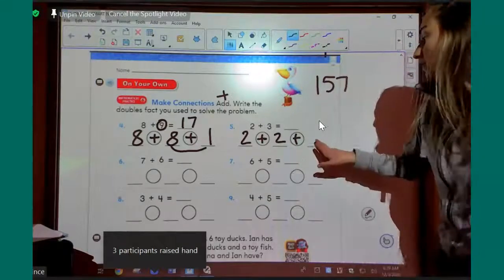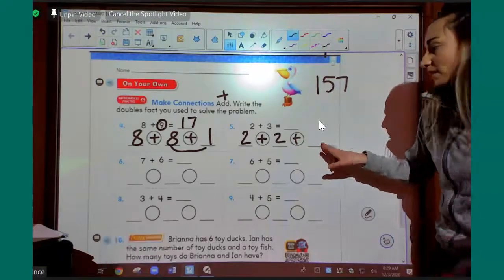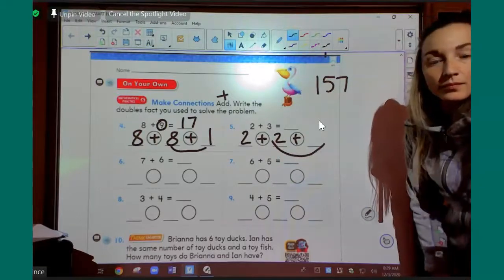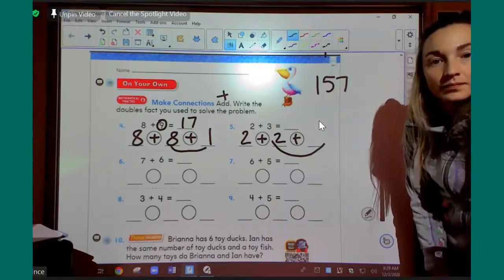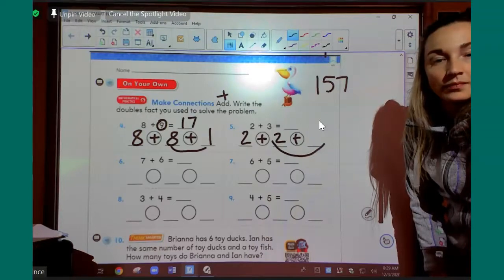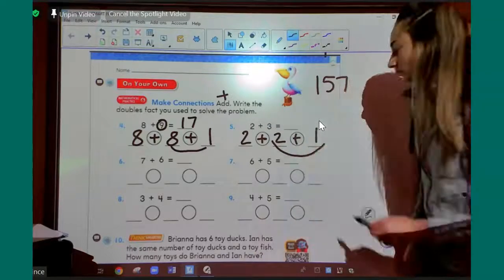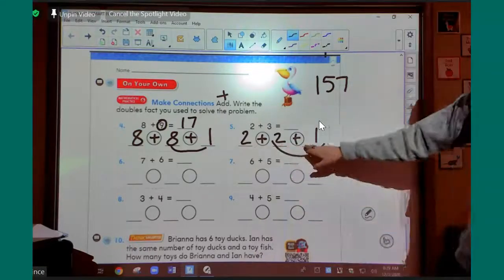Aaron, what am I going to put here? These two numbers together need to equal 3. One, yes, good job. 2 plus 1.